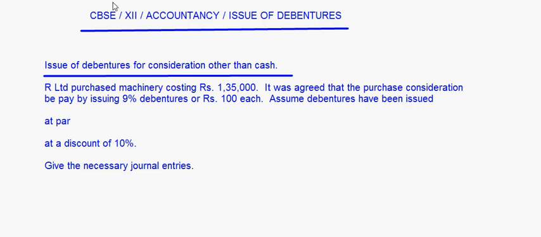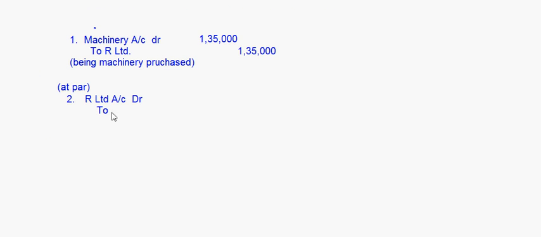The vendor is here R Limited account debit. It is being issued at par, so it's 9% debentures. The amount will be the same, 1,35,000.